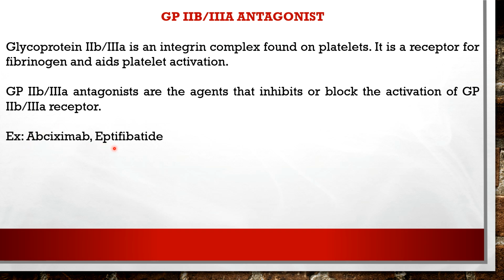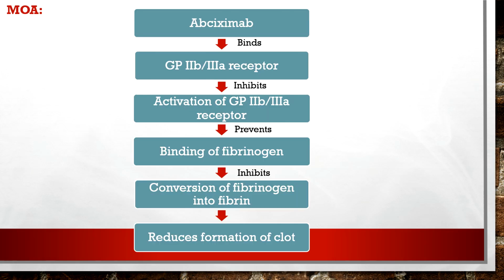Examples: abciximab, eptifibatide. Let me discuss the mechanism of action of abciximab. This abciximab will bind the glycoprotein 2b3a receptor, which is usually present on a platelet. After binding, it inhibits the activation of the receptor.